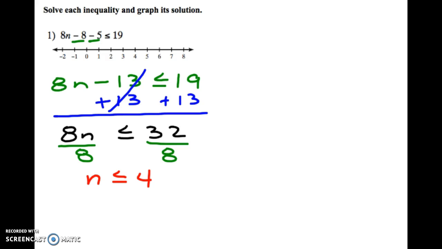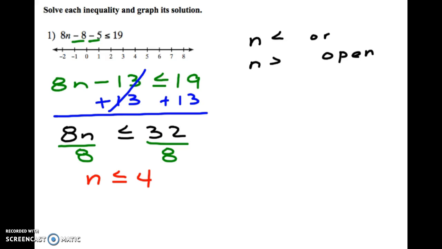Now, as far as graphing goes, here's a quick reminder, or information if you've not done this. If you have an n is less than, or an n is greater than, we're going to have an open circle.